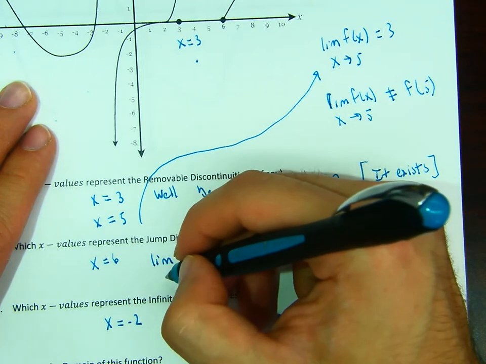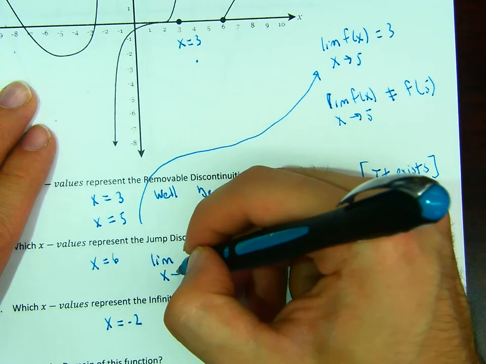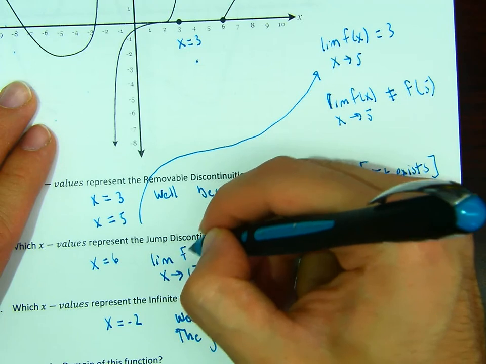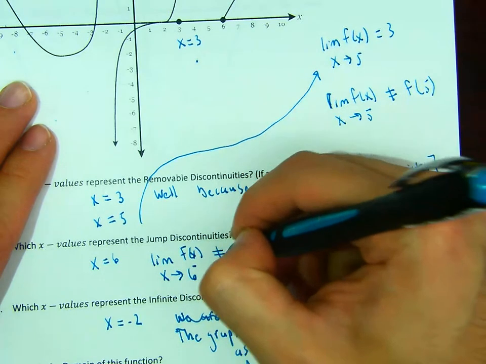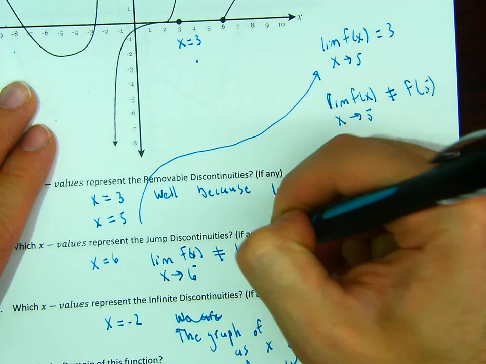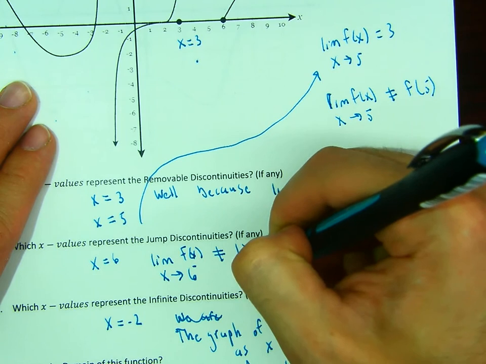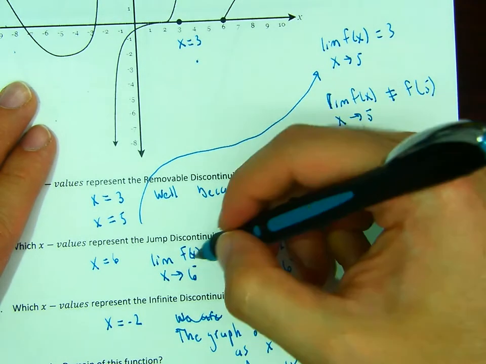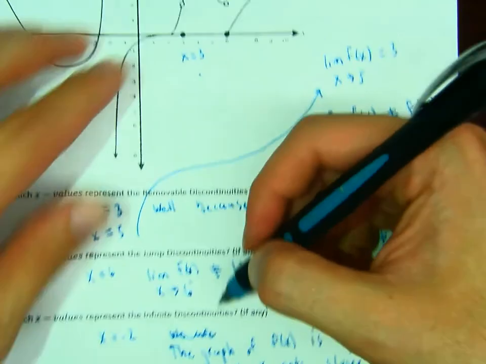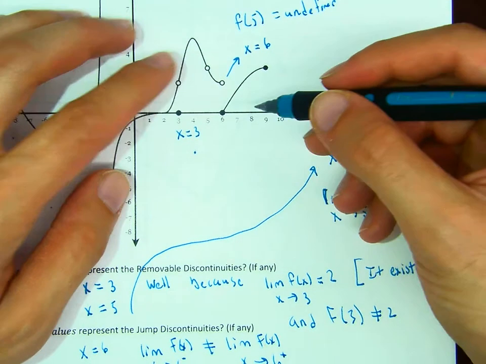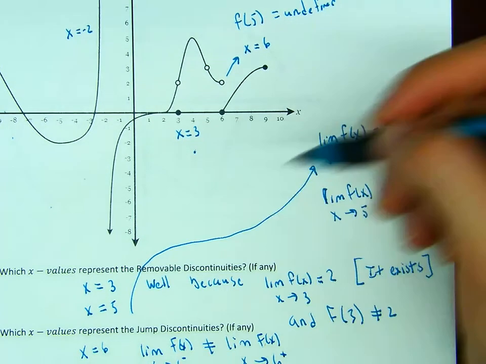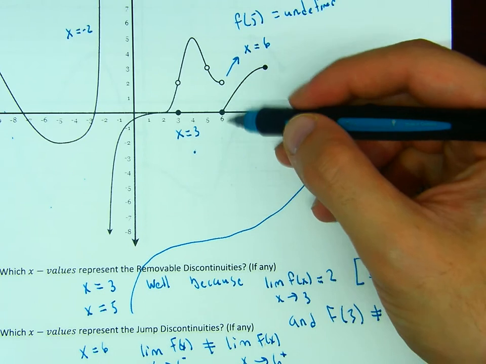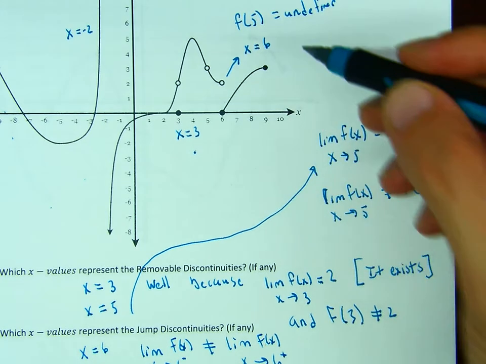The limit as x approaches 6 from the left of f of x does not equal the limit of f of x as x approaches 6 from the right. And notice, look how nice that explanation was. I'm saying the limit from the left does not equal the limit from the right. Okay? And at x equals 6, there's a jump discontinuity. And then from here, we're good.